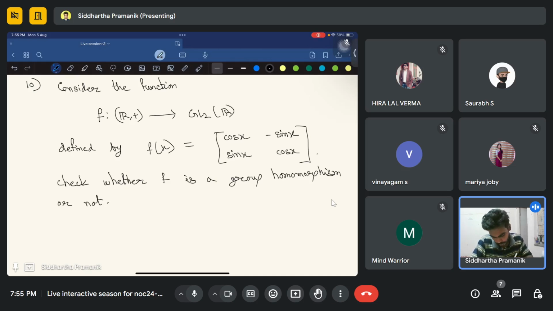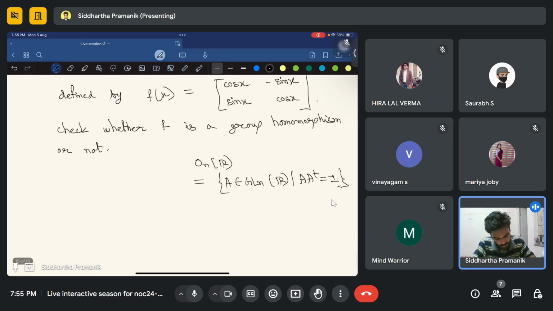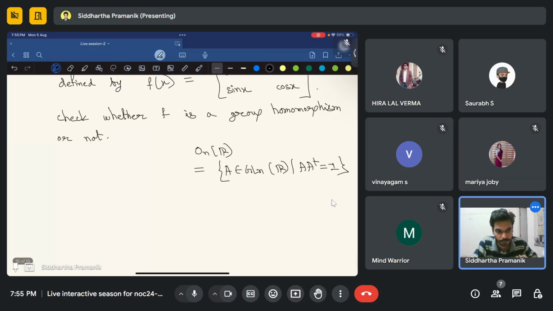So if you go back to live session 1 of mine, I have proved that the set O_n(R), which is A belonging to GL_n(R) such that A transpose is identity, forms a group, and this is known as the group of all orthogonal matrices.